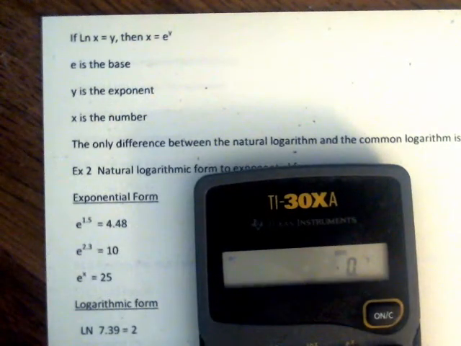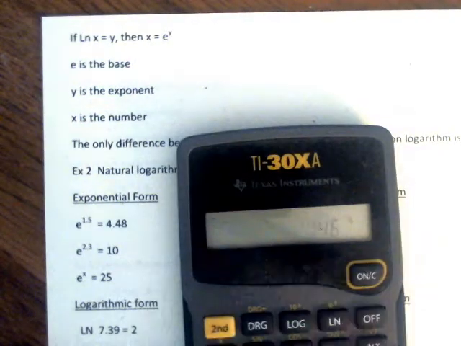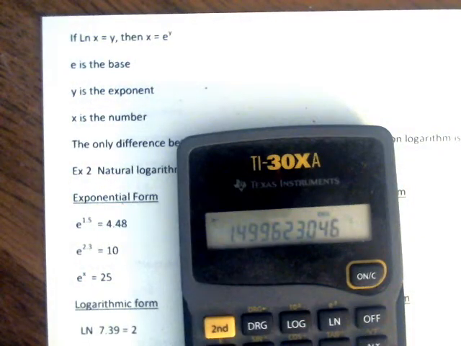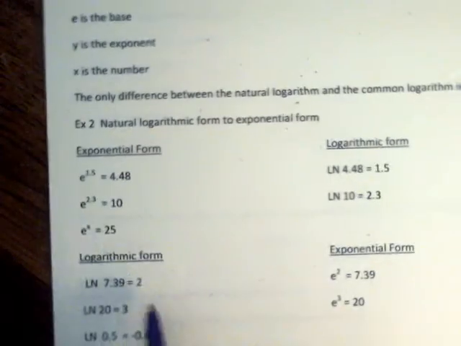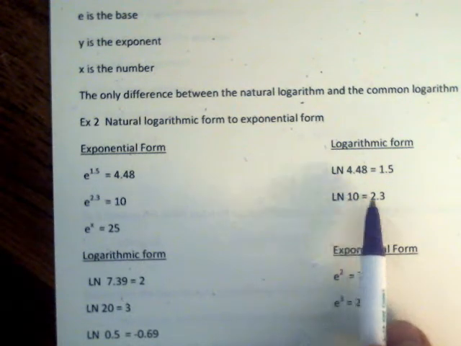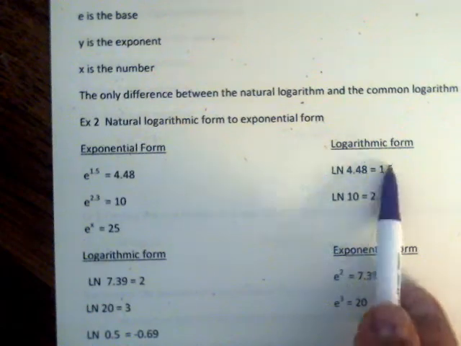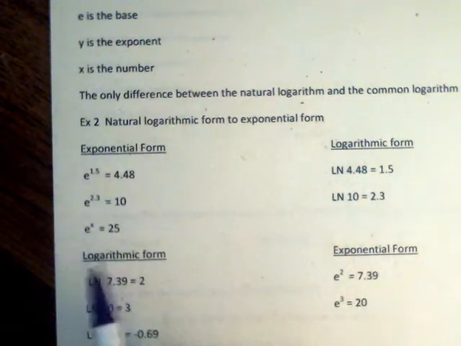In this one, I got to do things backwards, but it's okay. Natural log of 4.48 is 1.4996, which is 1.5. e to the 2.3 is 10. That means natural log of 10 equals 2.3. Again, the number on the right side of the equal sign is your exponent.